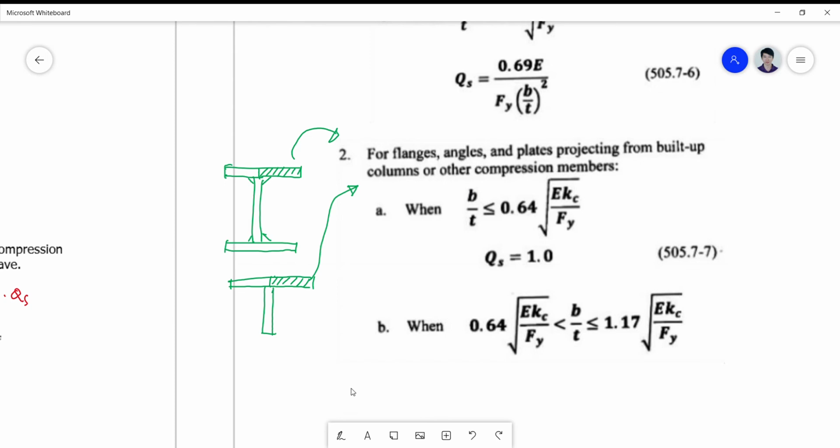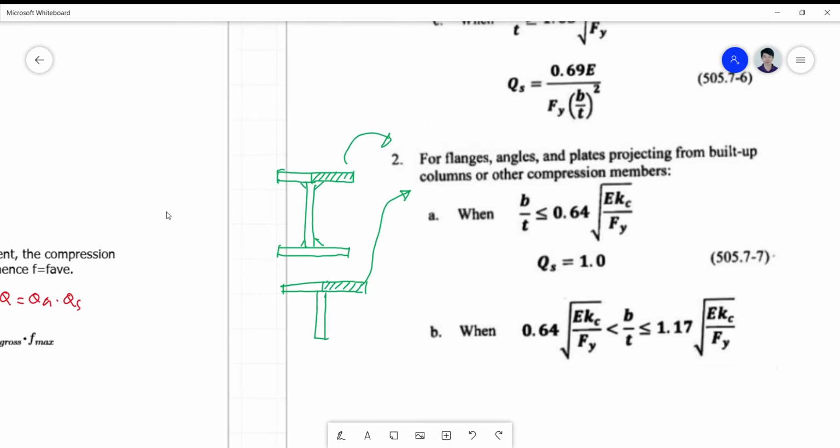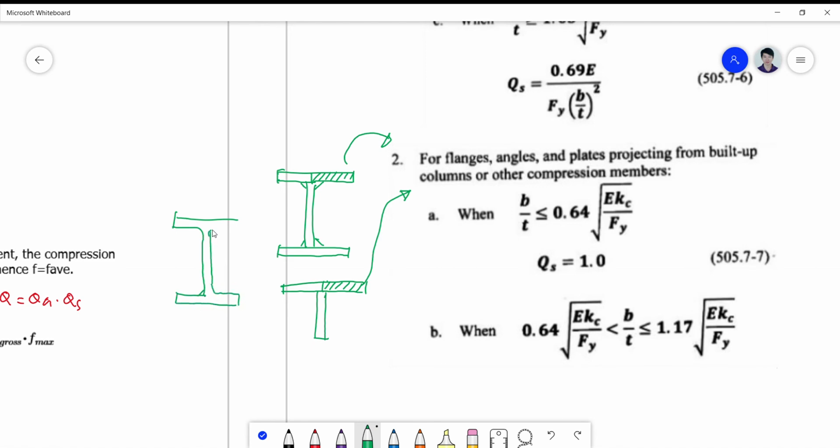Another example maybe is to have a rolled shape. Let's say you have here a rolled shape, but this time you are not concerned with this flange, but you have a plate here placed or welded. Okay, so this is actually a projection.